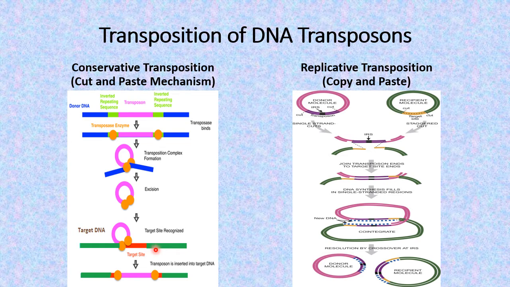And the enzyme that is responsible for both these activities is the enzyme transposase. It excises the transposon segment from the donor DNA and then it generates a nick at the target site and integrates the DNA segment at that particular point.